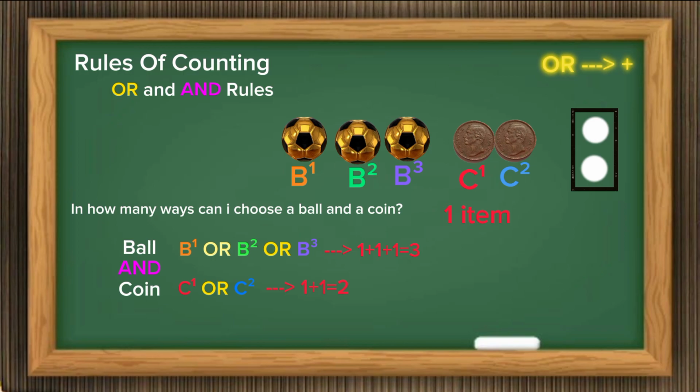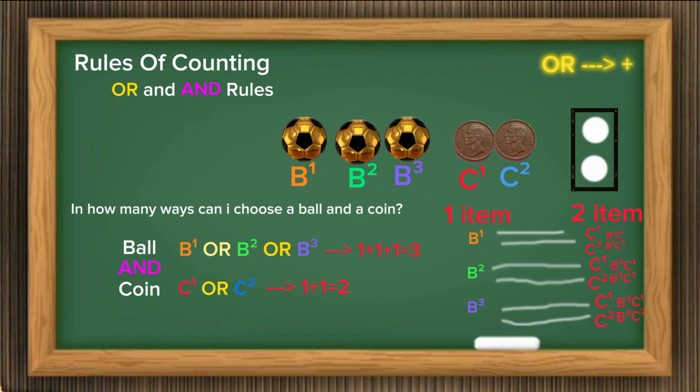For the first item, I can choose B1, B2 or B3. For the second item, if I choose B1 for the first item, then for the second item I could choose C1, which makes my selection B1 and C1. I could also choose C2 with B1, which makes my selection B1 and C2.